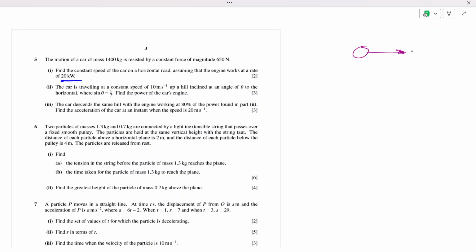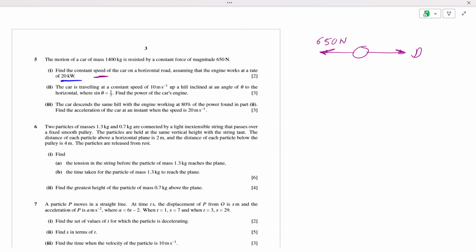We have the car, which has a driving force. I'm just going to call it D, and then there's a constant resistive force of magnitude 650 newtons, right? So it's saying that the engine works at the rate of 20 kilowatts, and then it says find the speed, right?